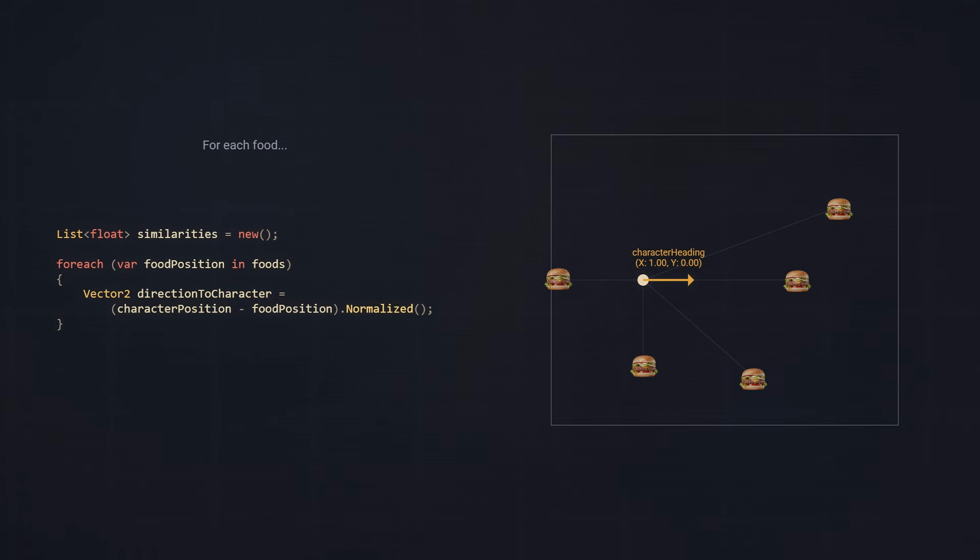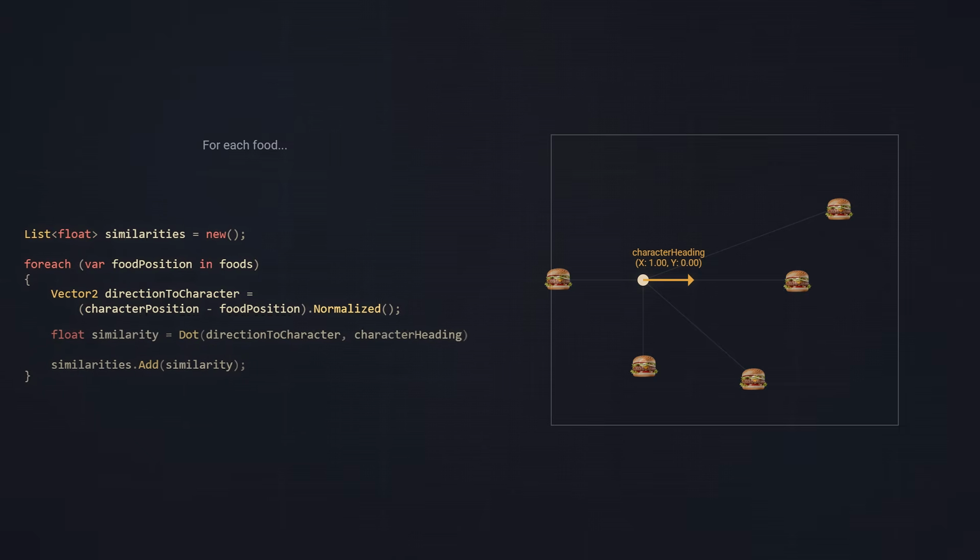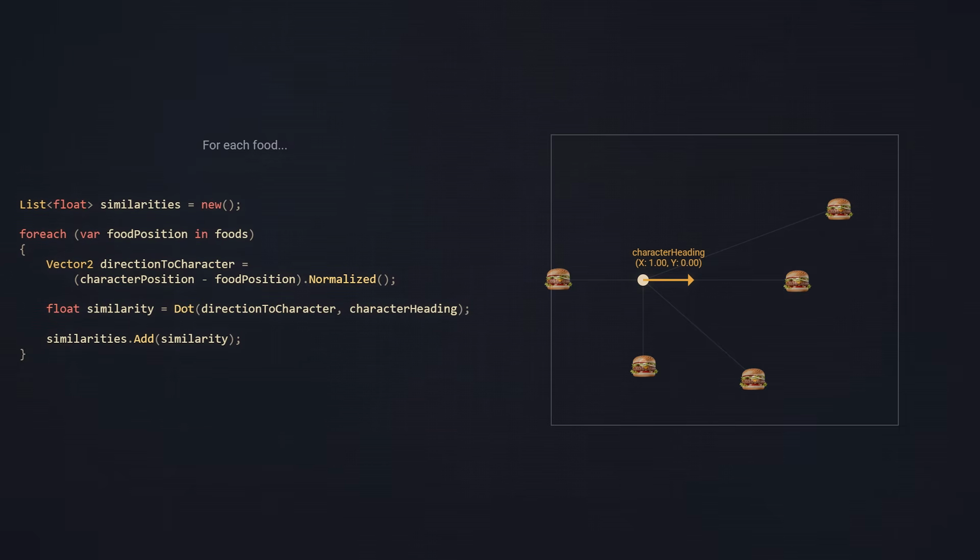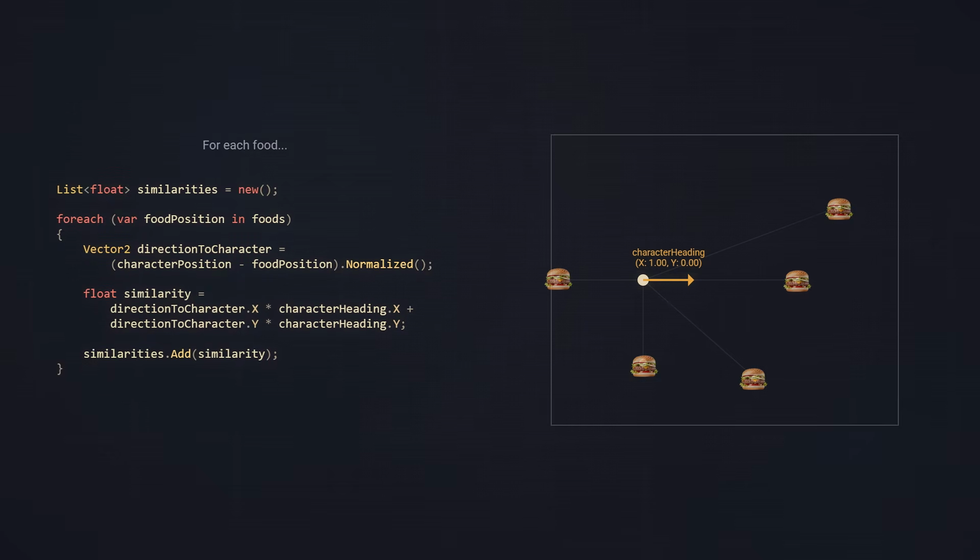Now that we have direction to character and character heading, we can simply take the dot product of the two, which will tell us how similar the two vectors are. We just multiply the x components plus the multiplication of the y components, and we get a number from -1 to 1, where -1 means they are exact opposites, 1 means they point the same direction, and 0 means they are perpendicular.